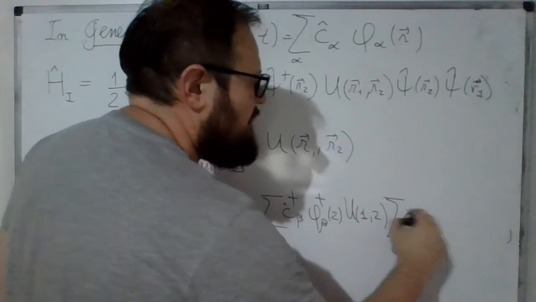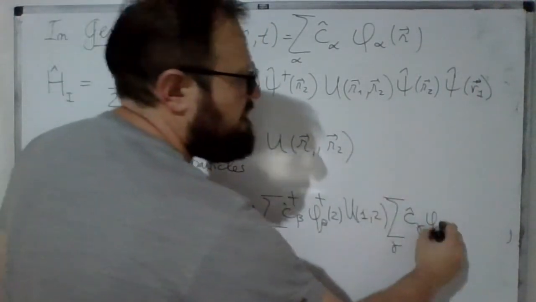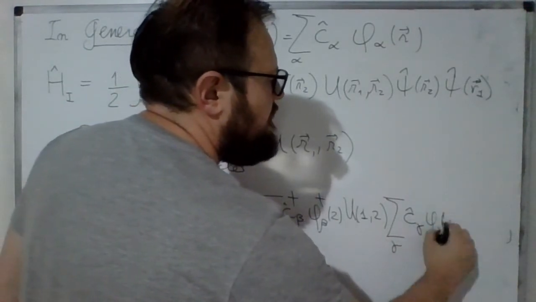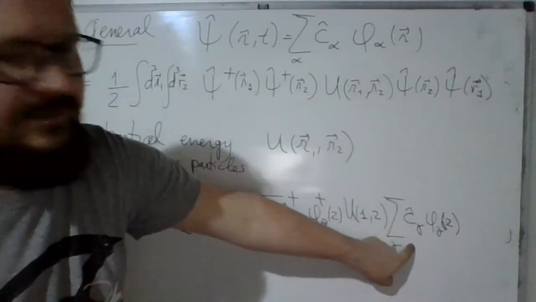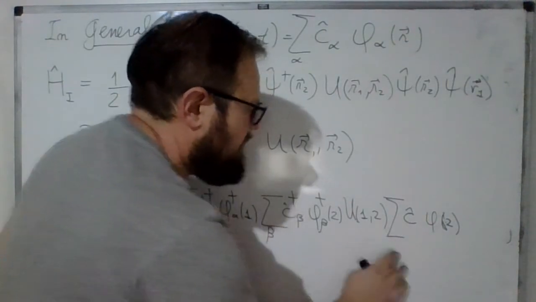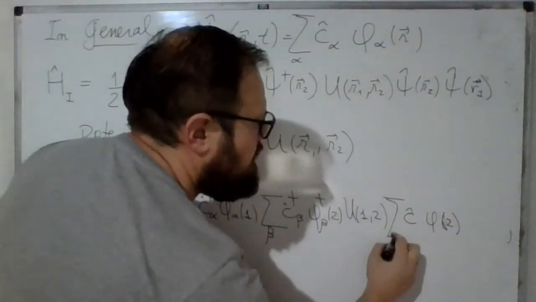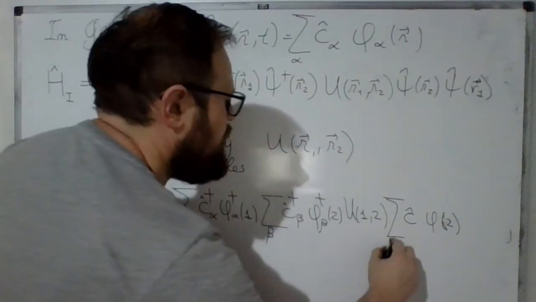So C gamma times the phi of the position of particle 2, so phi of 2, all right, because I am expanding this here, okay. My gamma is not very clear, it seems like an alpha, so I'll use an index mu.